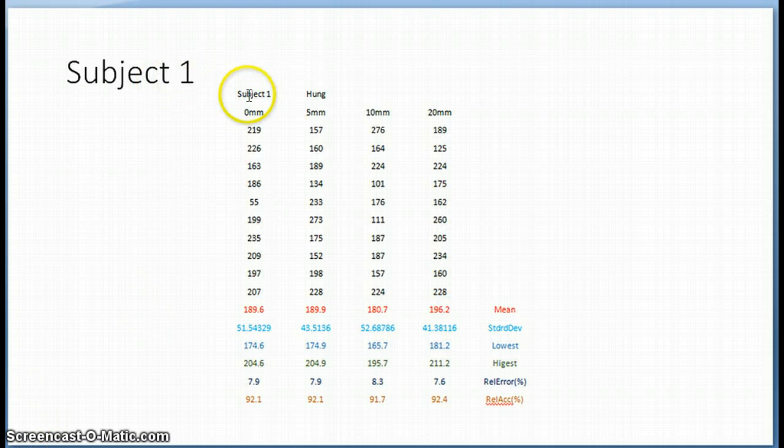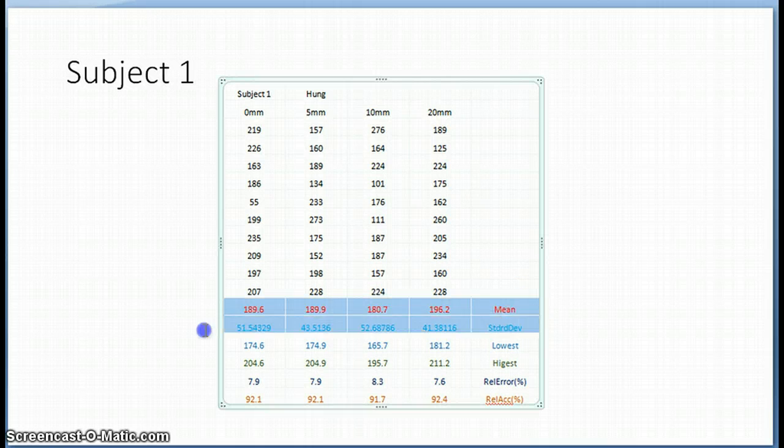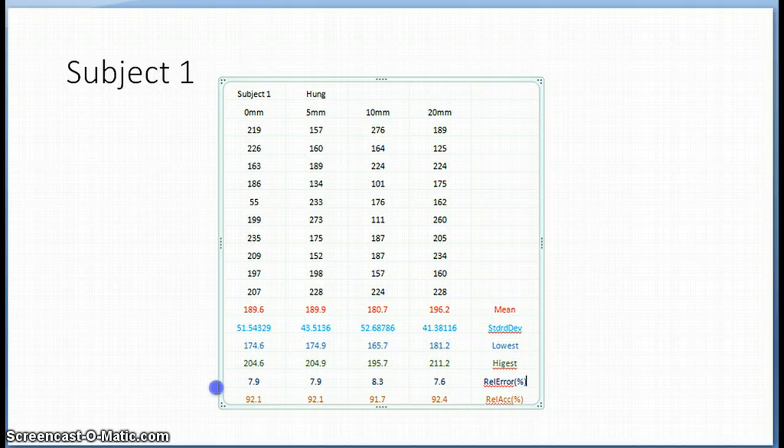The first subject is Hung. He's Henry. So he's my first subject, and this is the mean from the data for each d value, the standard deviation, the lowest and the highest based on the error, the range of error plus or minus 15, and the relative error, which is the error divided by the mean, which is here.